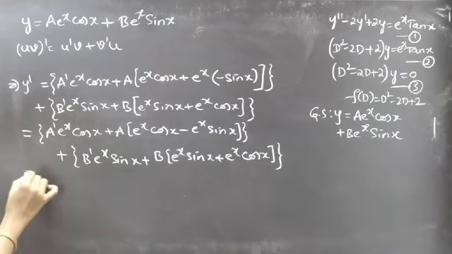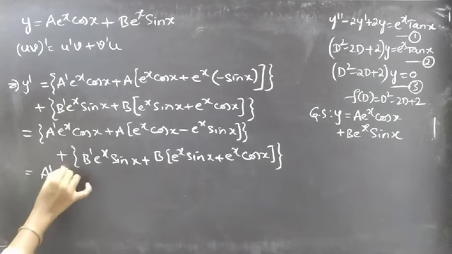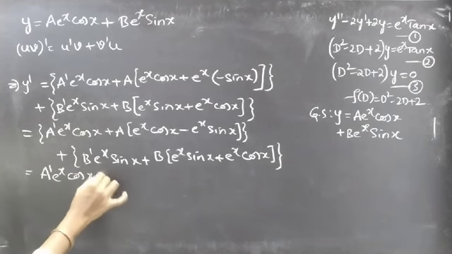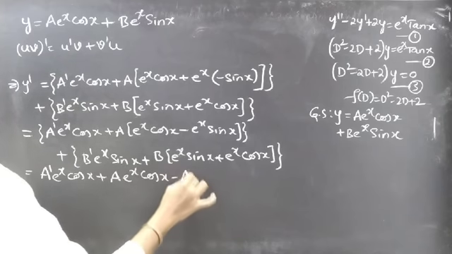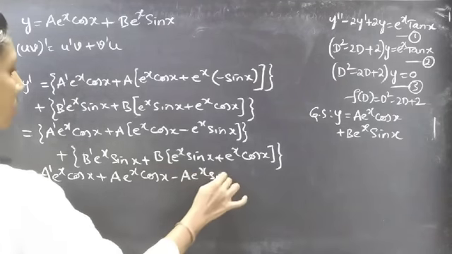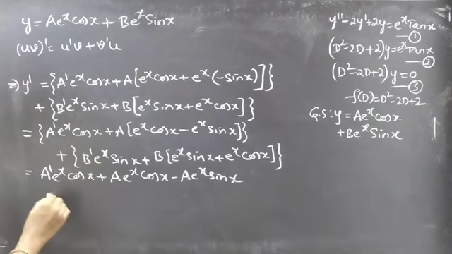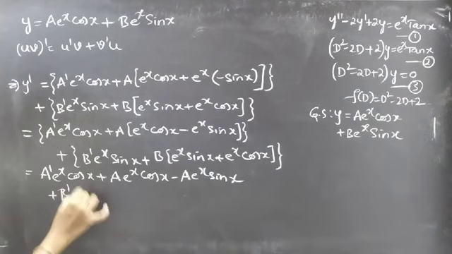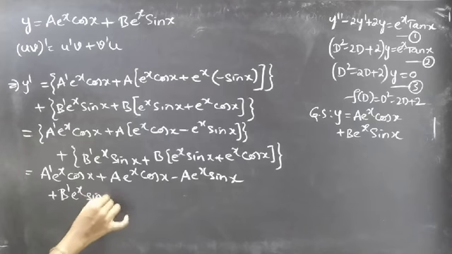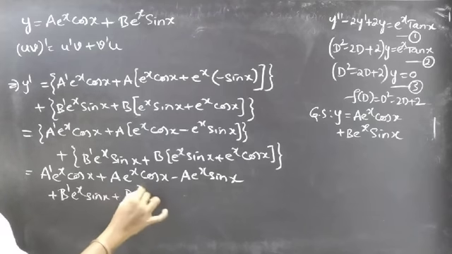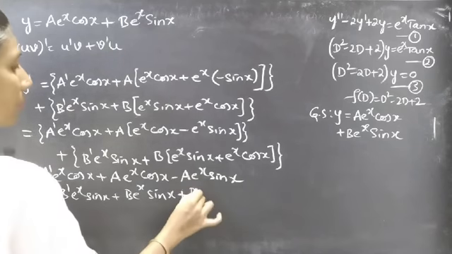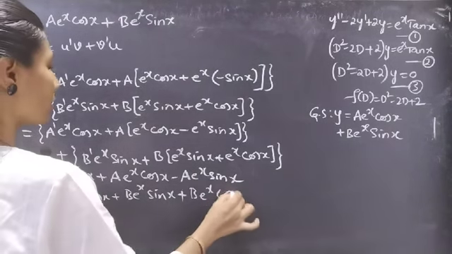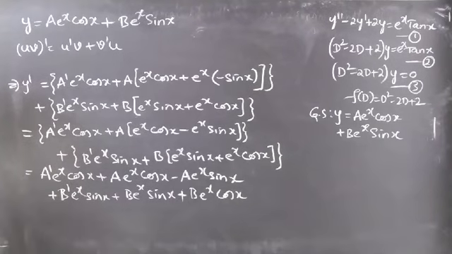This becomes a dash e power x cos x plus a e power x cos x minus a e power x sin x plus b dash e power x sin x plus b e power x sin x plus b e power x cos x. Let's now write the terms involving a dash and b dash first.